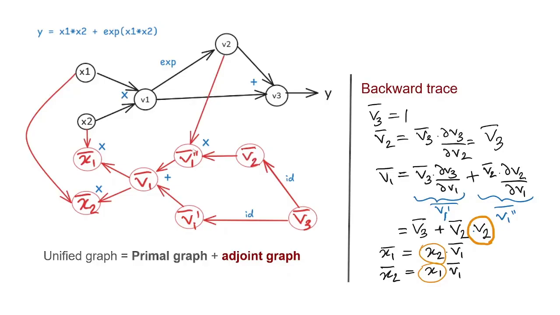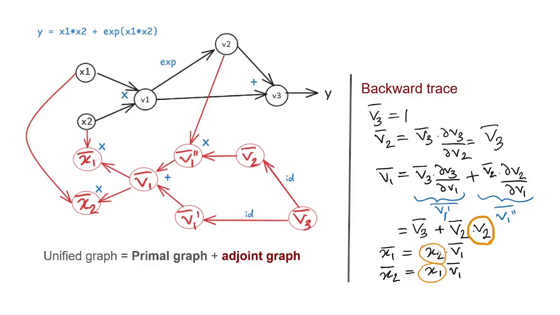So there's this dependency from the primal graph, and that's why we see this edge here. A similar kind of dependency holds for adjoint of x1 and x2, because the adjoint of x1 is the product of x2 and v1 bar, and so on.